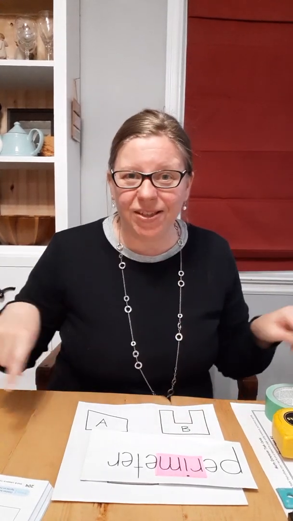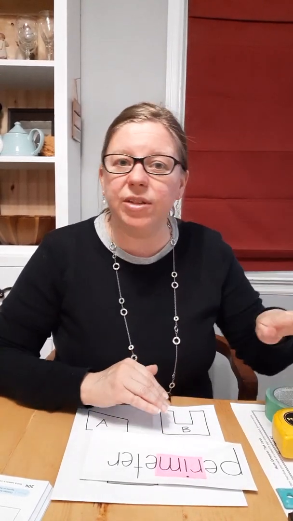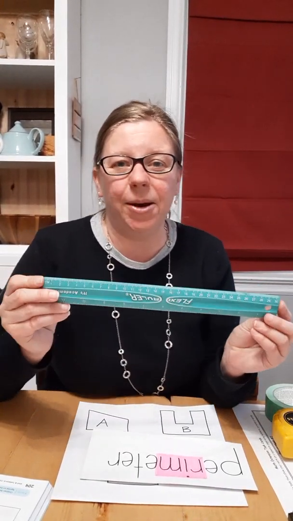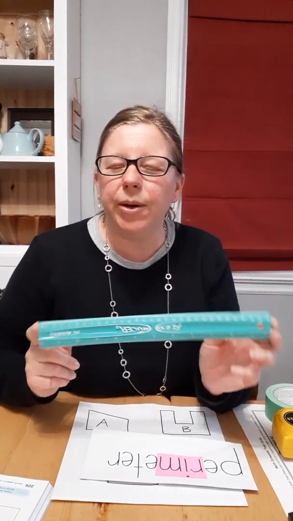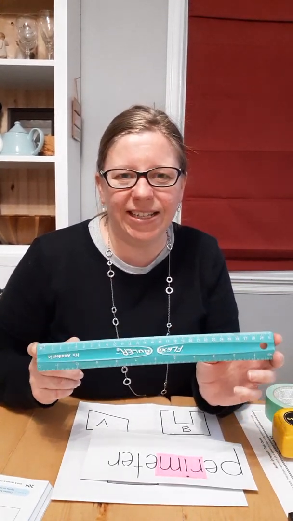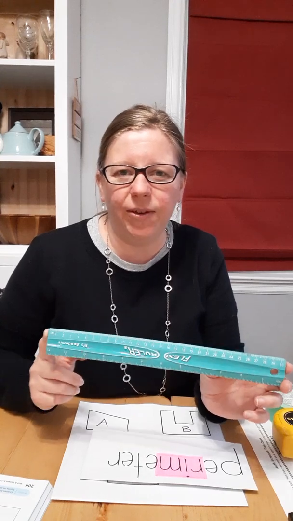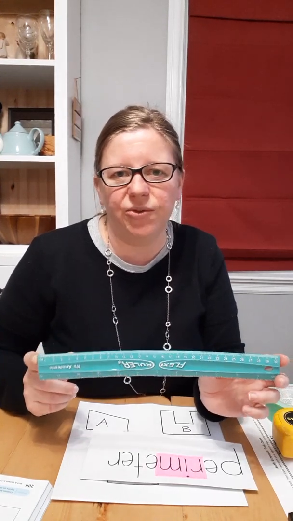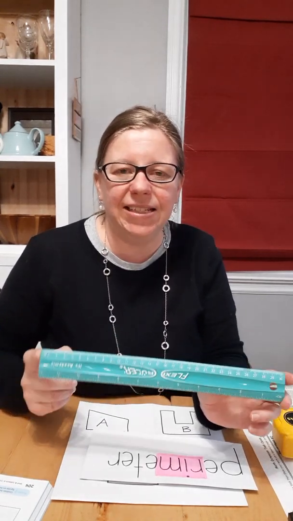All right, so once you have your shapes taped out or chosen from your home, you're ready to start. You need to measure the distance around. Do you remember from yesterday's lesson that I gave you some hints and instructions for how to measure a distance around?